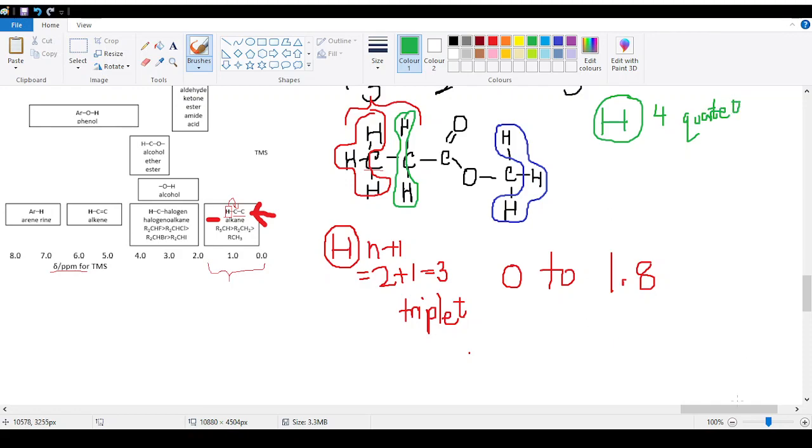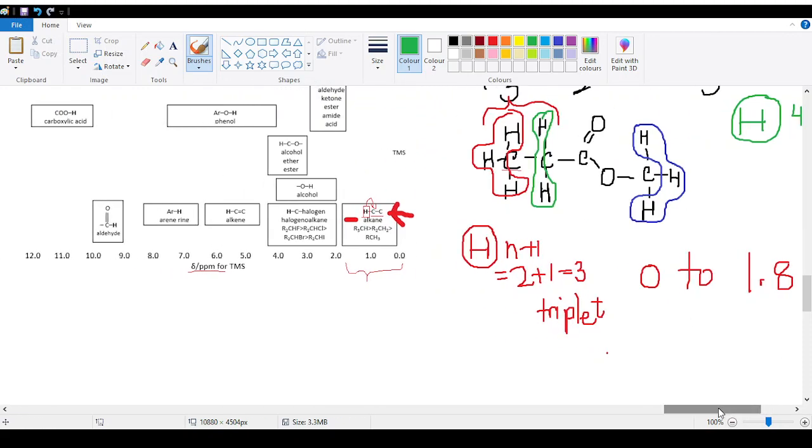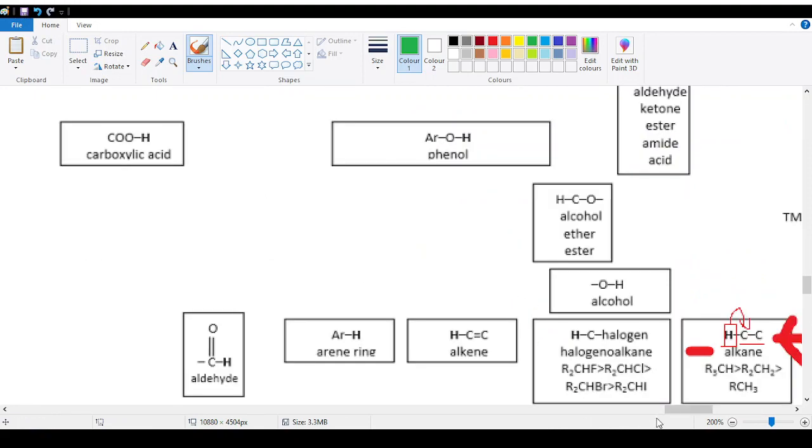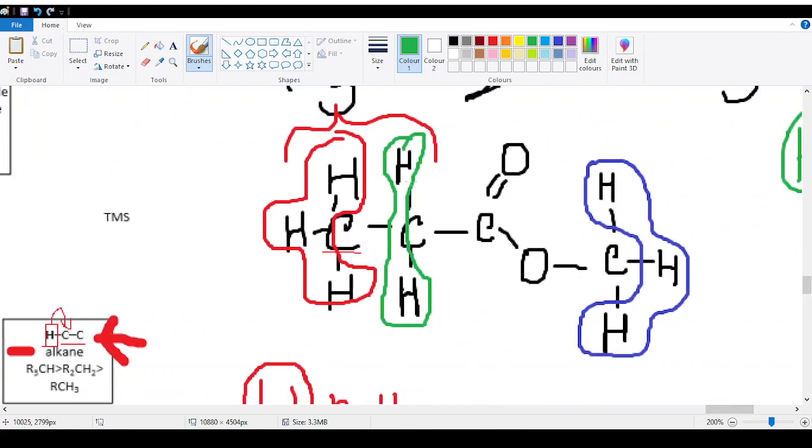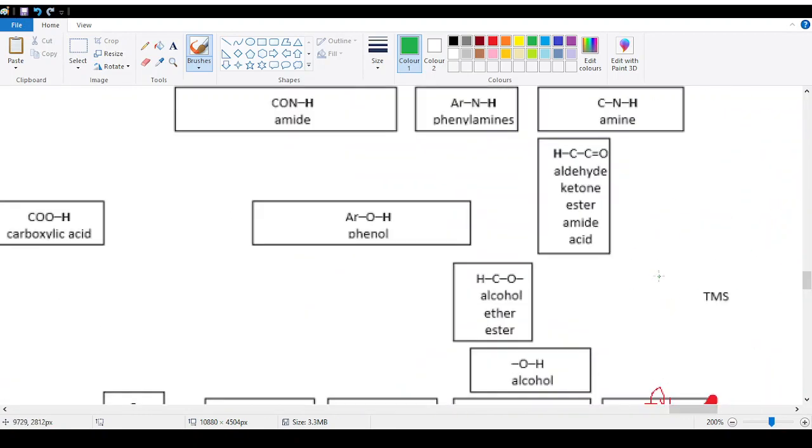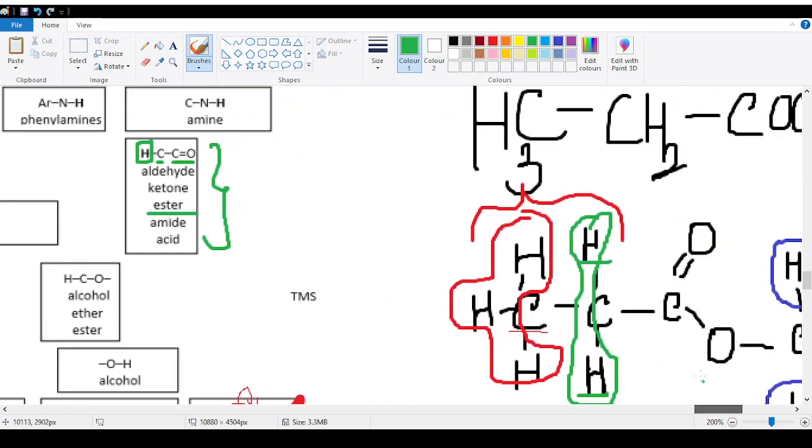Now, if I have to figure out the chemical shift values from this graph, the green color hydrogen atoms are joined with a carbon which is joined to a CO group. Do you see this? Our hydrogens are joined with a carbon which is joined to a CO group, which is an ester specific group.